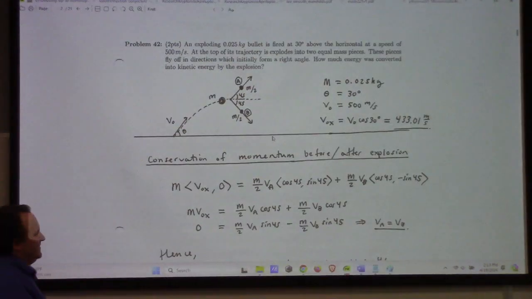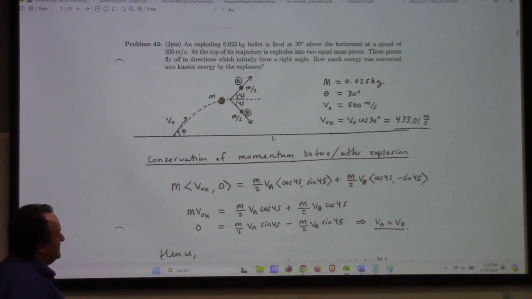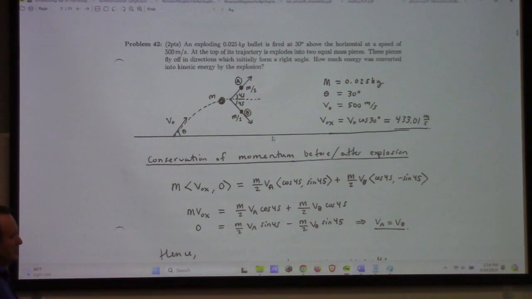I must have been thinking of an unequal mass problem when I was fussing more. I think when I did this problem last year, I just said, well, obviously the same velocity above and below, because otherwise you'd have vertical momentum afterwards. So VA has to be equal to VB and go from there.